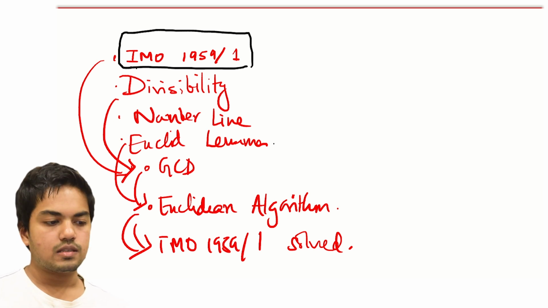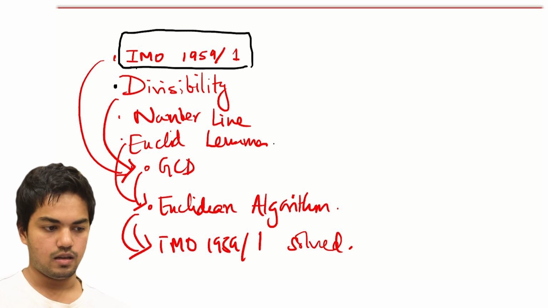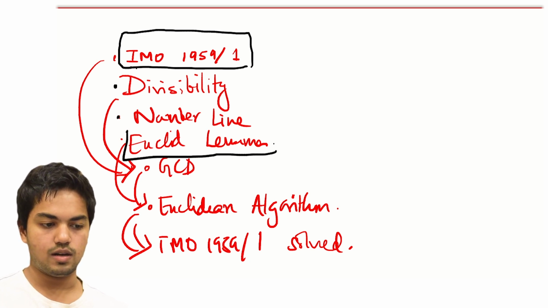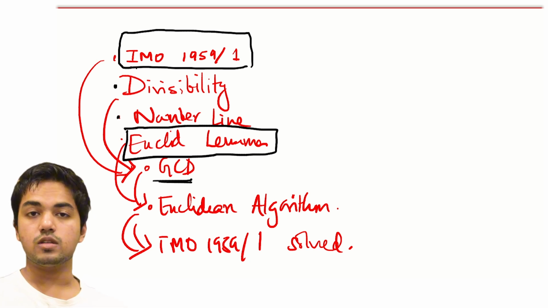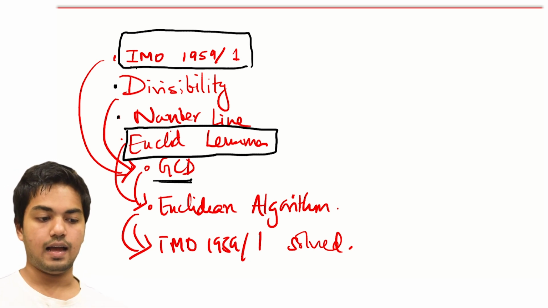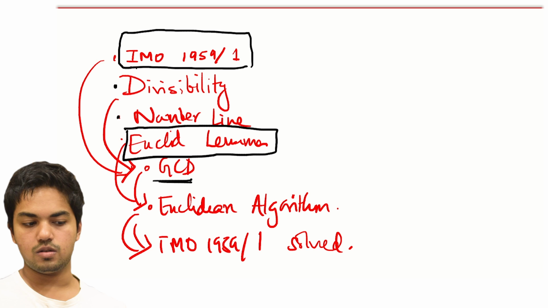To do this, we'll first explore what divisibility is, and then we'll look at the number line. In particular, we look at Euclid's lemma, after which we'll look at the GCD as a thing of its own. We'll discuss that shortly. Finally, we'll look at what the Euclidean algorithm is, and we'll use that Euclidean algorithm to solve this problem.